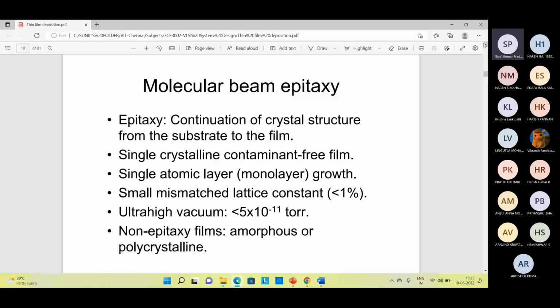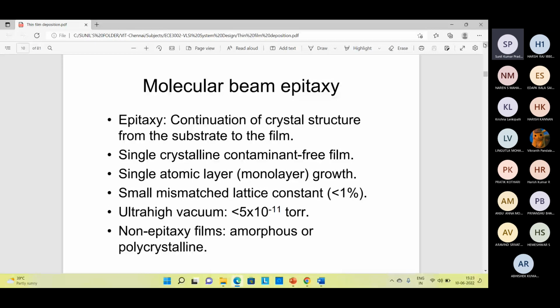As I said earlier, the vacuum condition is very high, less than 5 into 10 to the minus 10 torr, or 10 to the minus 10 millibar. Non-epitaxy films, that is amorphous or polycrystalline, can also be deposited by molecular beam epitaxy, or MBE.